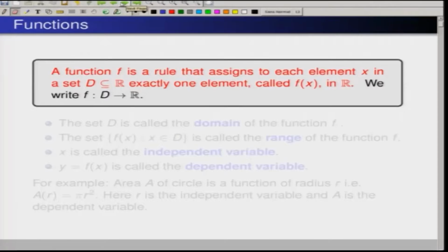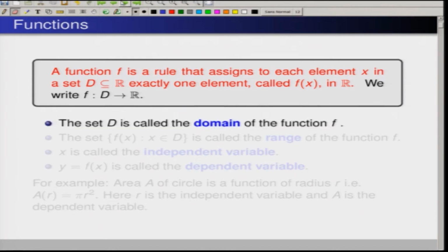D. We call that a function, and symbolically we write this as f is from D to R, or we may say f is a map from D to R, where D is a subset of the real numbers.